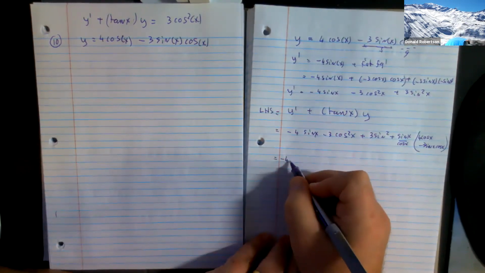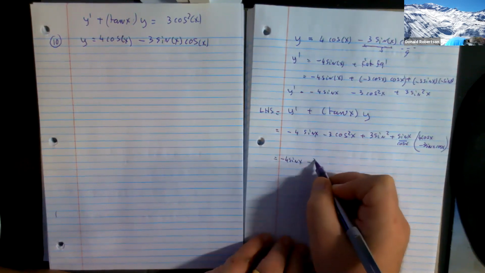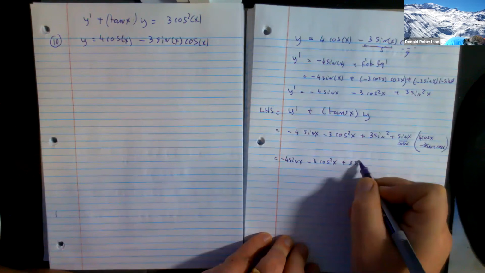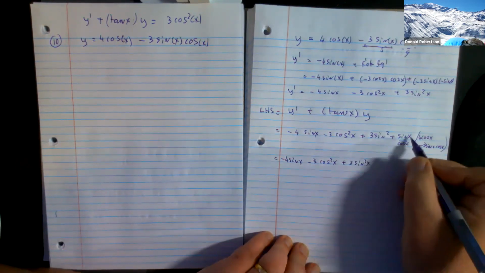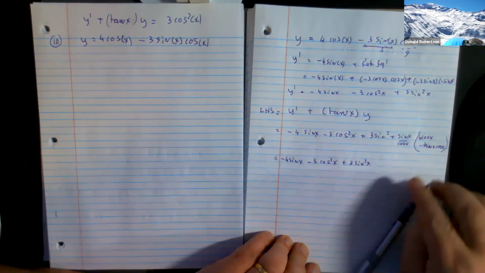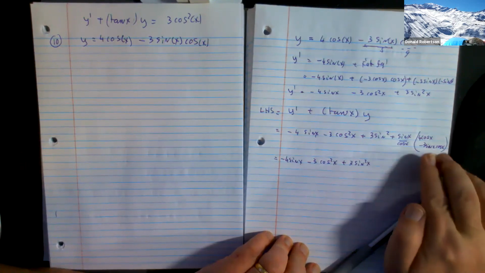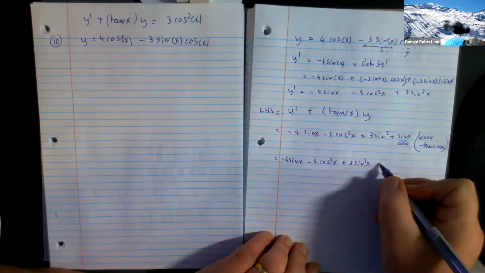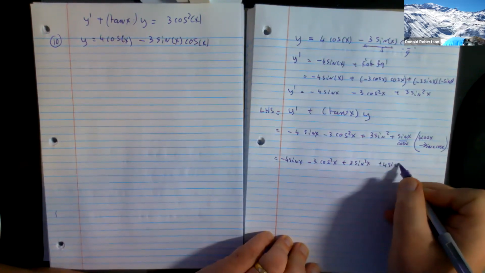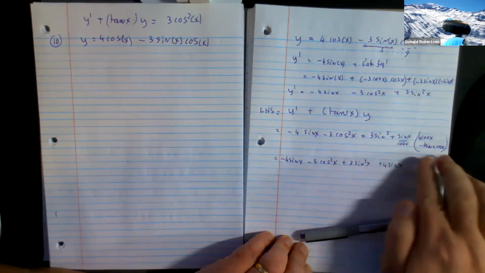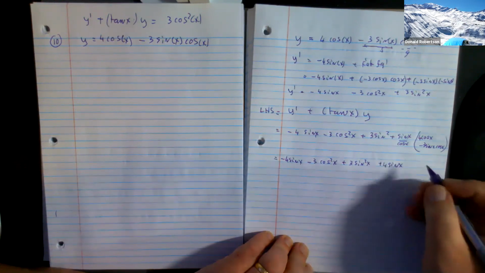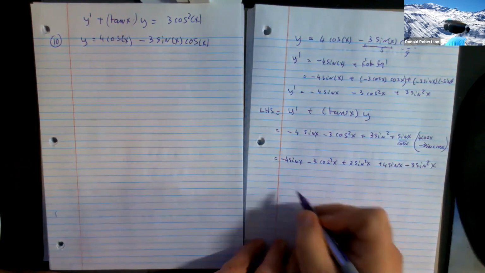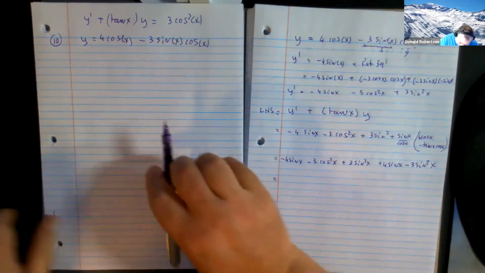So I have negative 4 sines, negative 3 cos squared, plus 3 sine x squared. If you multiply this by the cosines, the cosines cancel out, and you're left with 4 sine x. If you multiply this and this together, the cosines cancel out, and you're left with negative 3 sine squared x. And let's see what we get here.